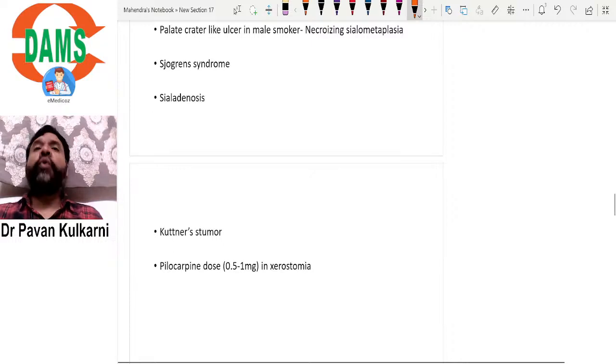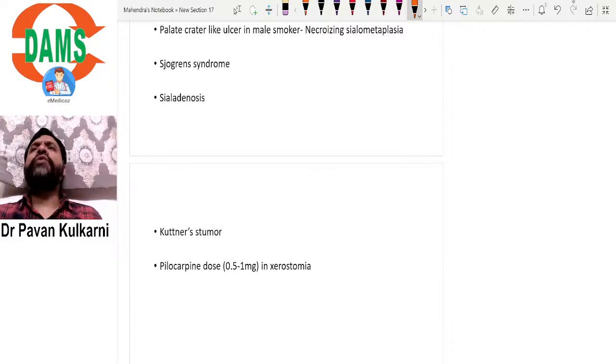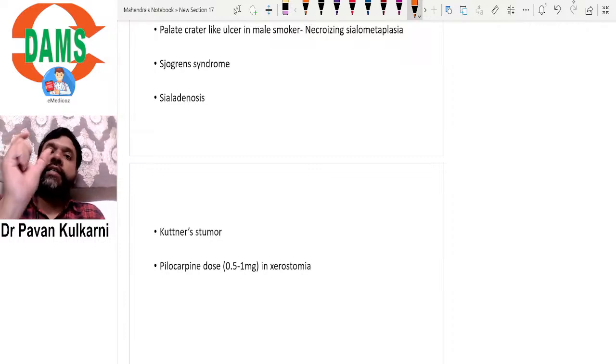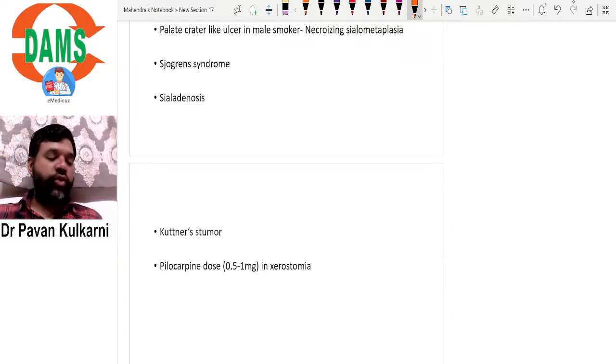We are supposed to know about Kuttner's tumor. What exactly is Kuttner's tumor? Sometimes what happens is, if you palpate, the submandibular gland will be very hard. That chronic sclerosing sialadenitis, the word is sclerosing, of the submandibular gland is known as Kuttner's tumor. So we are supposed to know exactly what this Kuttner's tumor is.